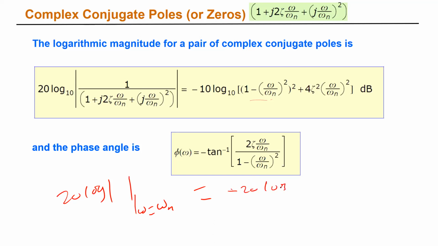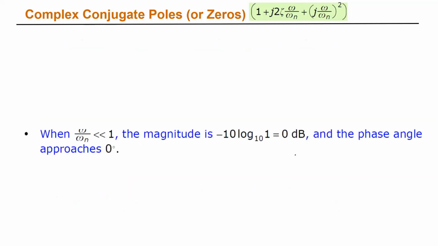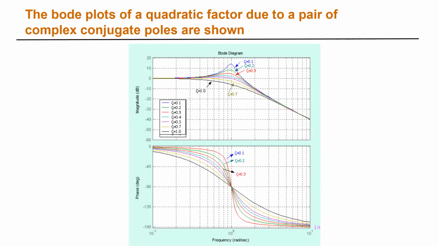20 log 2 zeta. Which means that if I want to sketch it, at the corner frequency, the approximation depends on the value of zeta.